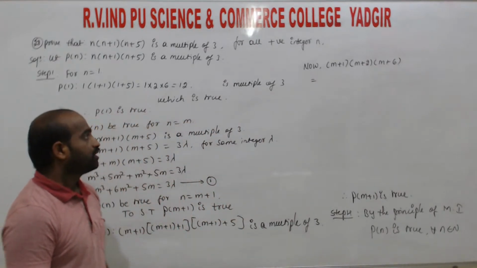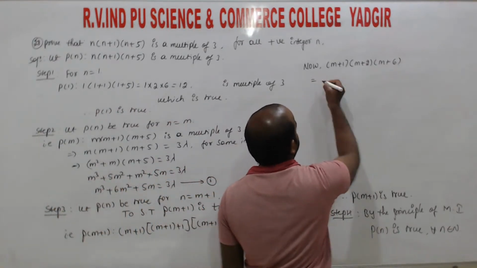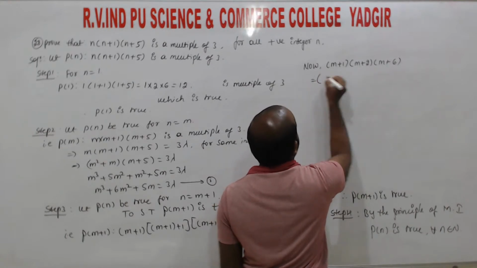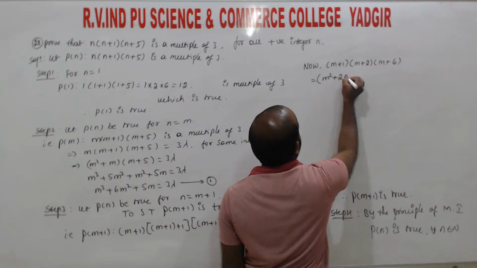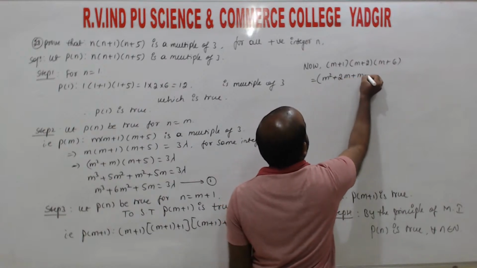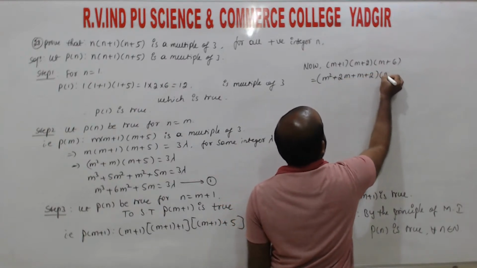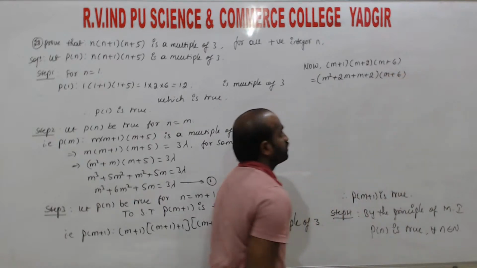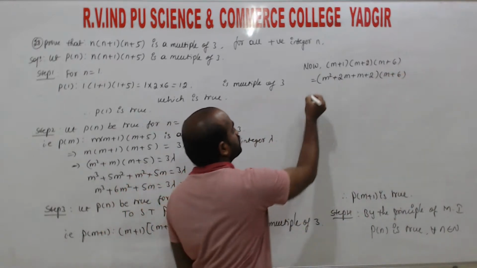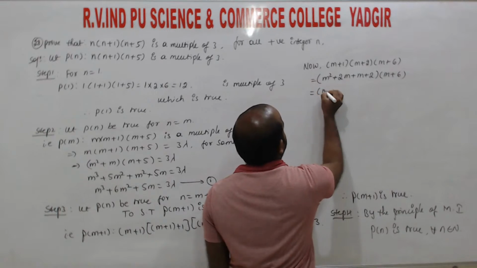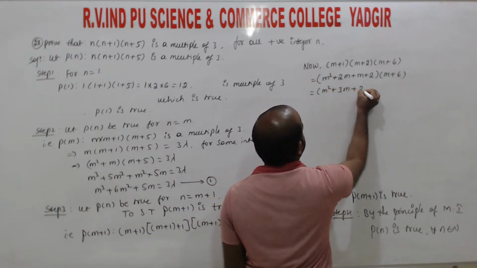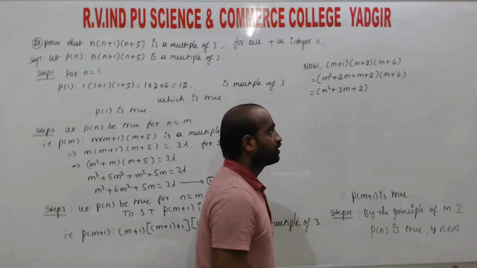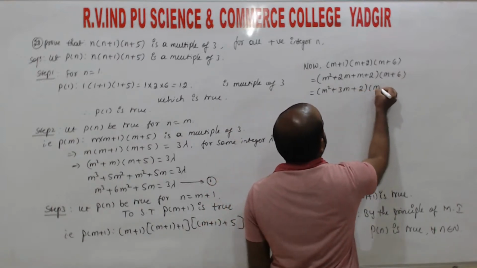Equal to m plus 1 into m plus 2 into m plus 6. First multiply m plus 1 into m plus 2: m into m, m square; m into 2, 2m; 1 into m, m; 1 into 2, 2. So m square plus 3m plus 2, into m plus 6.